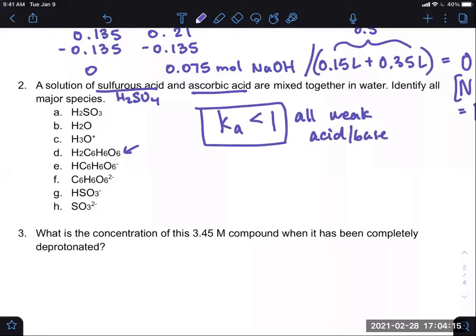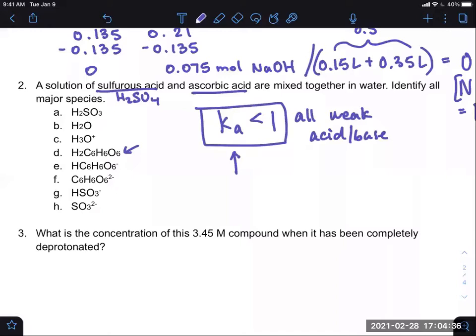You won't see more products than reactants if the equilibrium constant is less than 1, because that's kind of what Ka means. It means how much of your reactant is going to react and turn into product. And if it's less than 1, that means the majority is going to stay on the reactant side. So that's what we're going to see here.